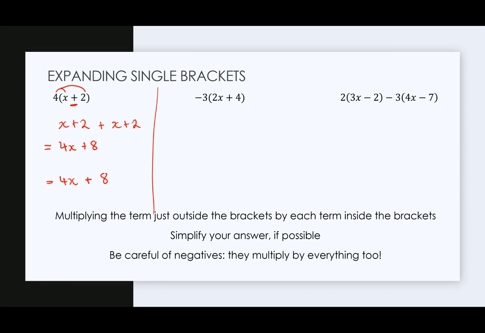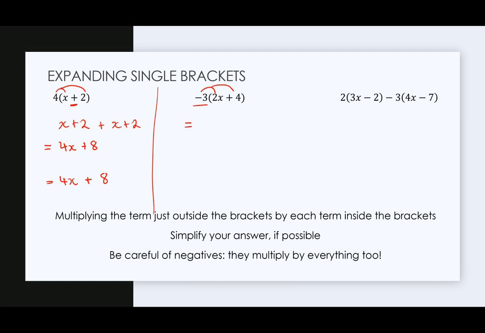Okay, in this second problem here, notice that the term outside of brackets here has a negative, and that makes things a little bit more difficult. You need to be careful about negatives because they multiply by everything. And this is a common mistake from students, is to miss out on that negative and only multiply it by some things. So once again, I'm going to draw my arrows here, and just remember that we have negative 3 times 2x and then negative 3 times positive 4.